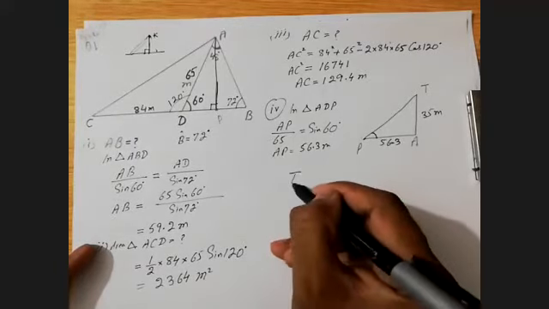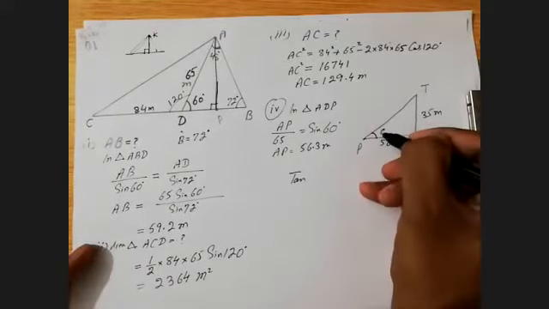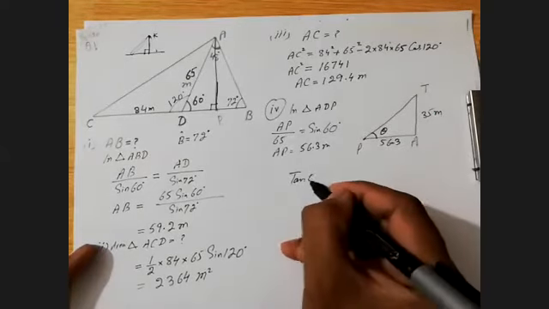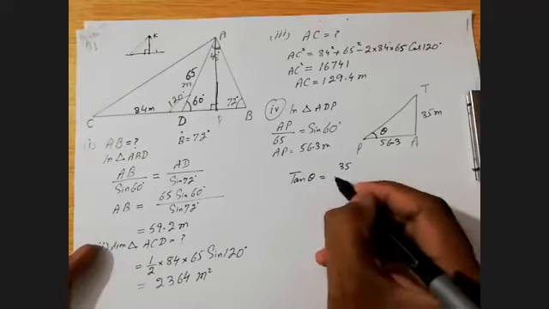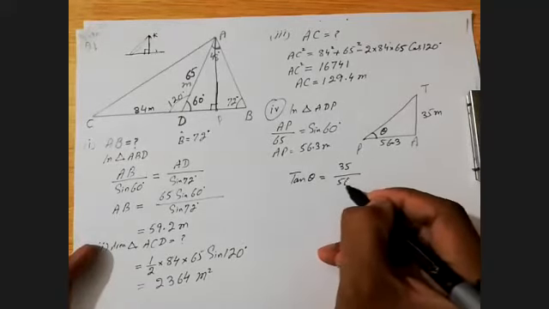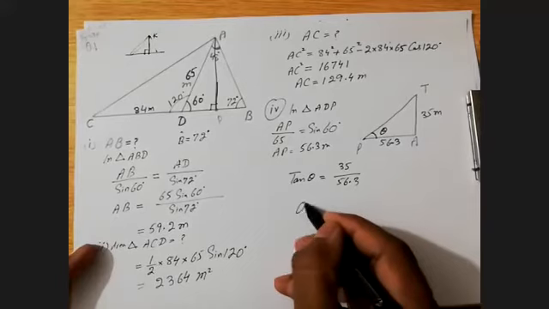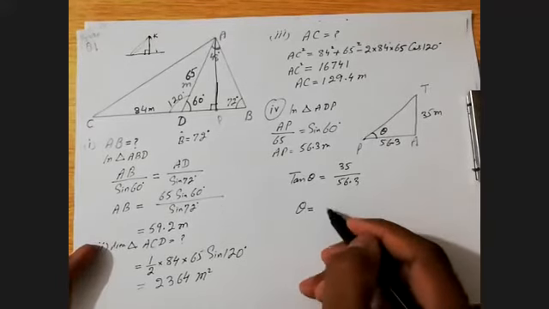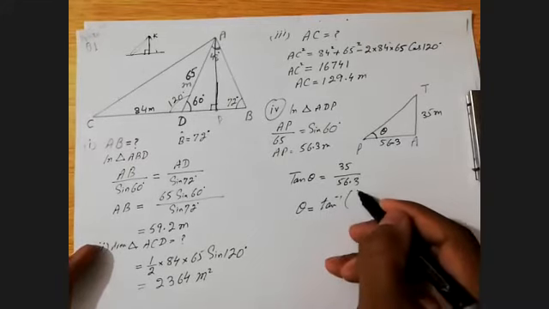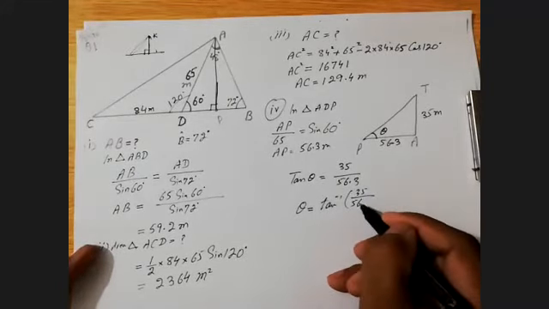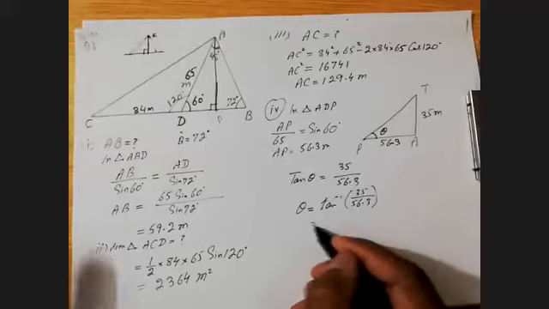So you can call this angle of elevation theta. Tangent theta is equal to perpendicular over base, 35 over 56.3. So theta is equal to tangent inverse of 35 over 56.3.